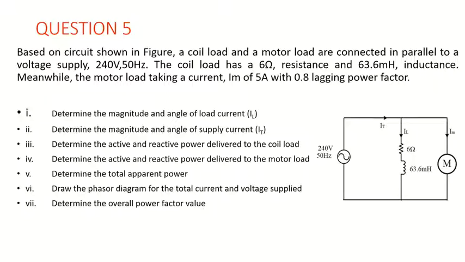Then find the total apparent power, which is the apparent power from your coil load plus your motor load.